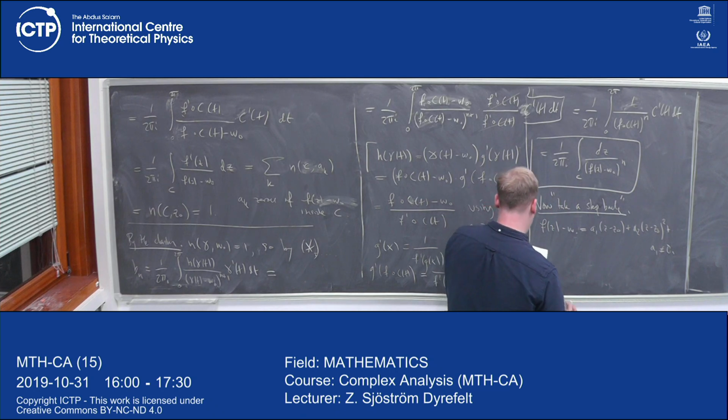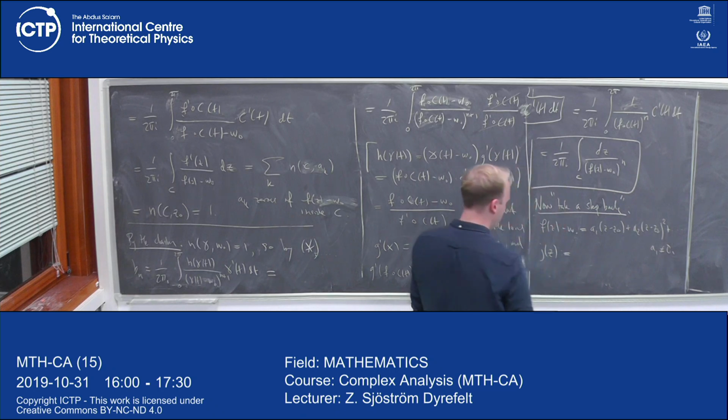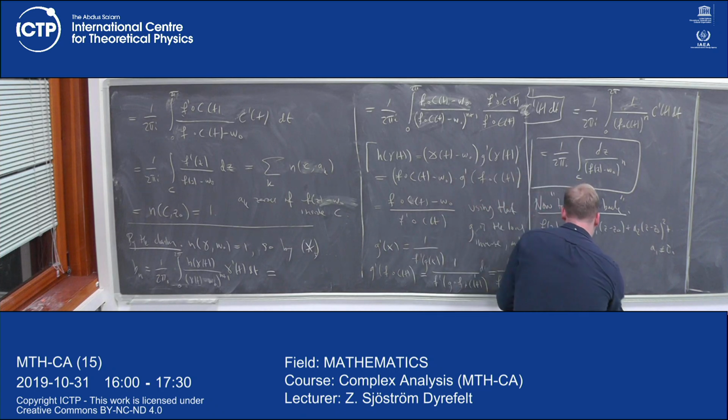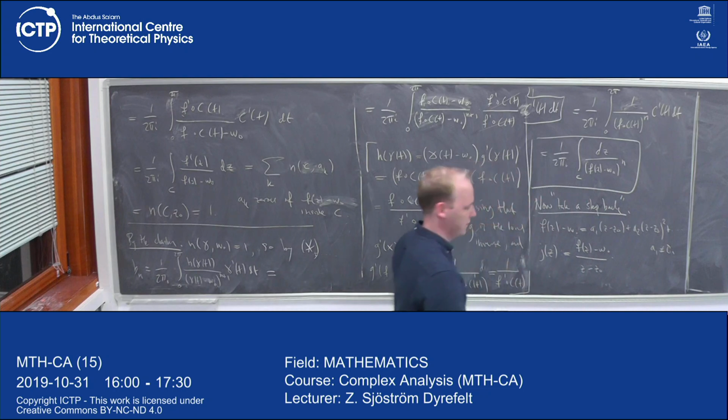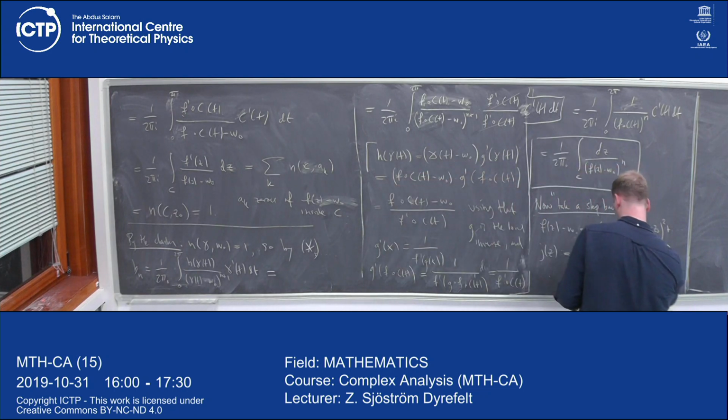Then we consider some other function, let's call it j, because g is already taken and h is already taken. So let's call it j of z, which is f of z minus w0 over z minus z0.